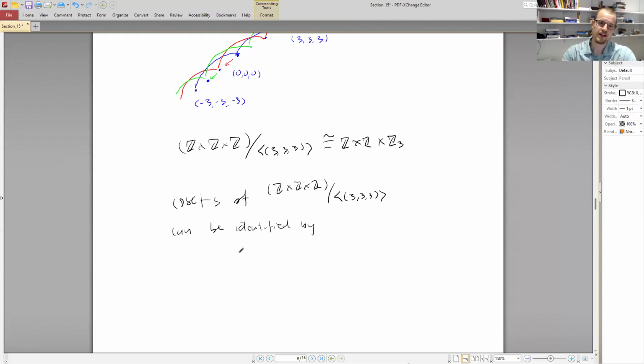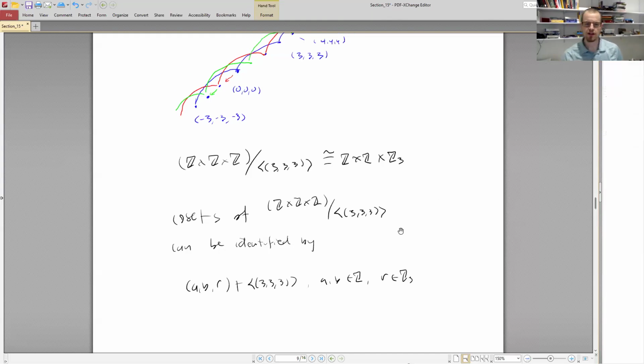So we still get a and b for where it is on the xy plane, but the other bit is that we can have this r sub 3 here, or just leave it as r plus what's generated by 3, 3, 3, where a and b are integers, but r actually belongs to Z3.